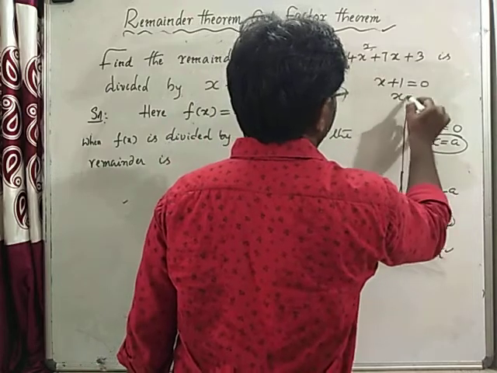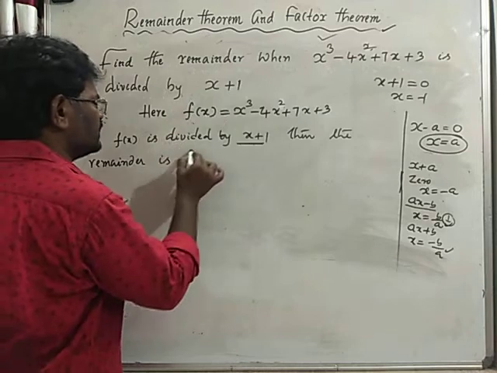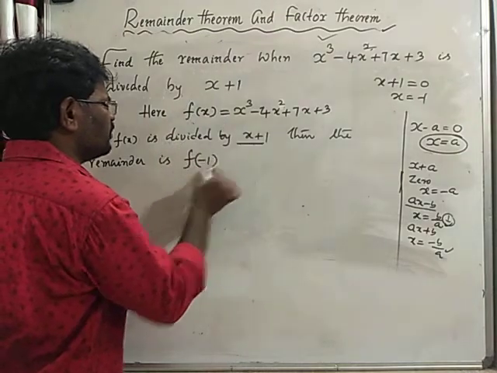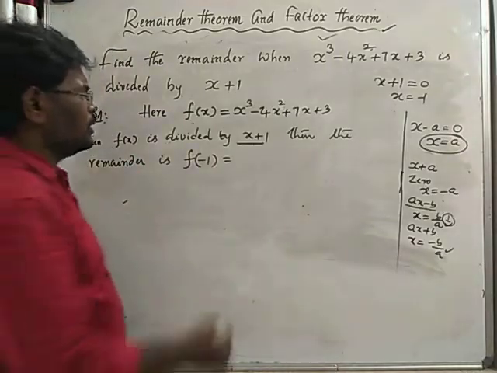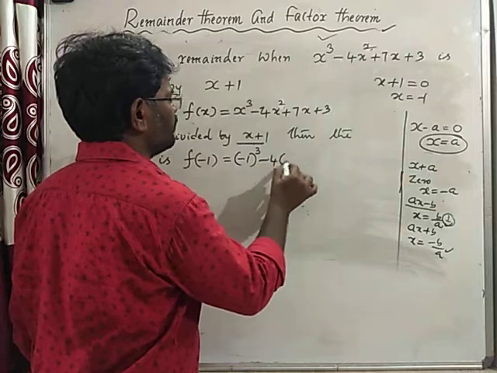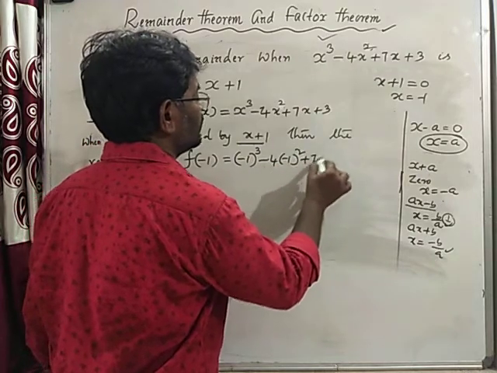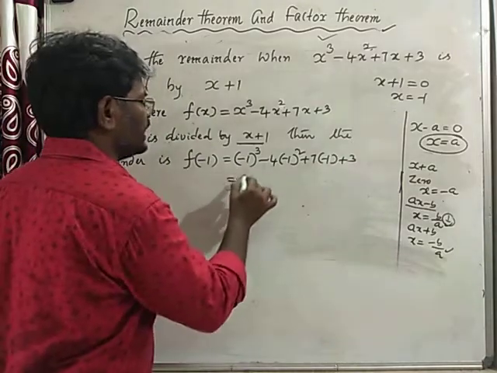What is x? Minus 1. Replace x is equal to minus 1 in f of x. So the remainder is f of minus 1. That is equal to, in place of x we replace minus 1. See that? Minus 1 whole cube.